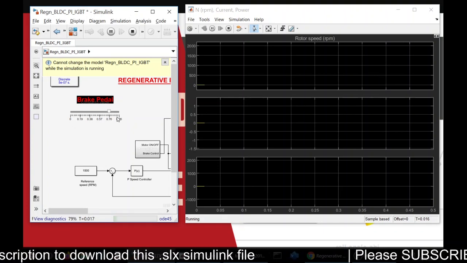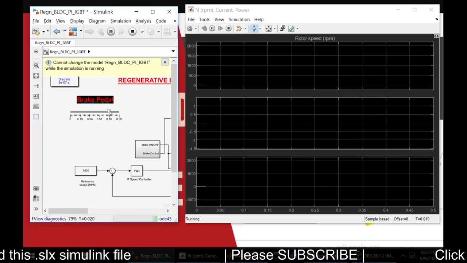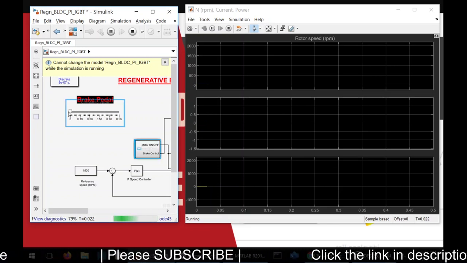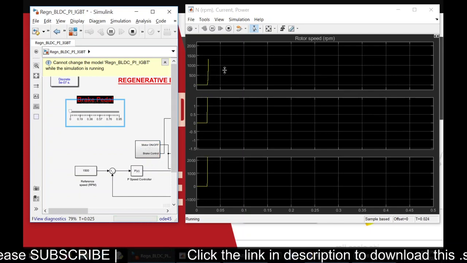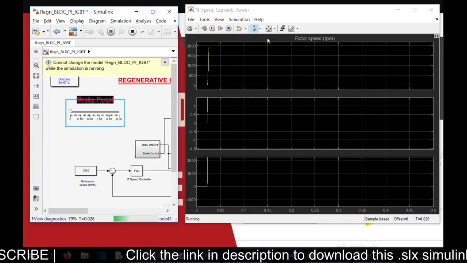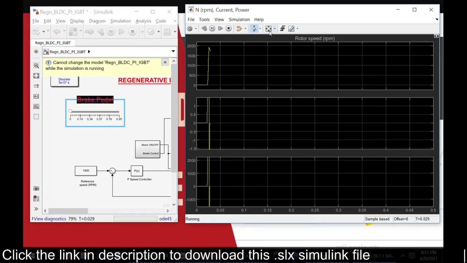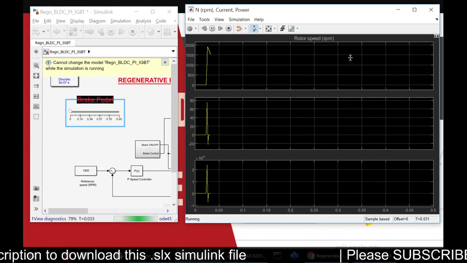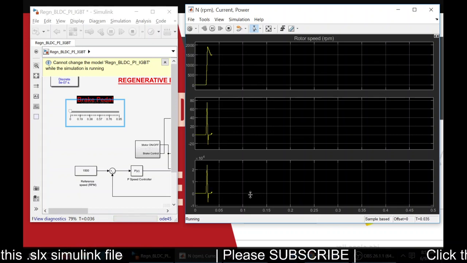I'm going to vary. See, now the brake is applied, so the vehicle is not moving. I am completely releasing the brake pedal. See, you can see the speed increasing, right? See, the first graph is the speed, second is current, and third one is power.